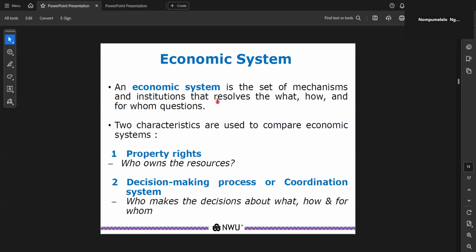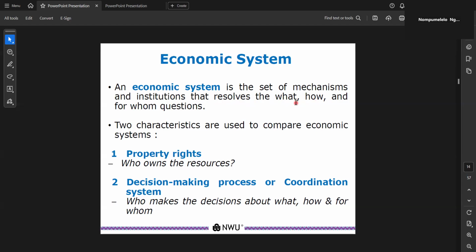Then we moved on to say that in economics we study the choices that people make to deal with scarcity, and in making those choices, they consider the economic questions of what, how, and for whom.